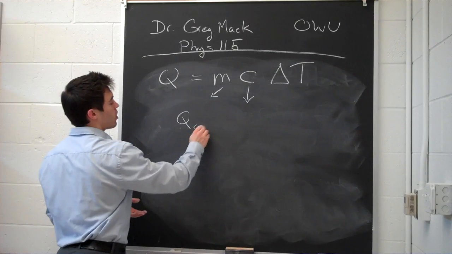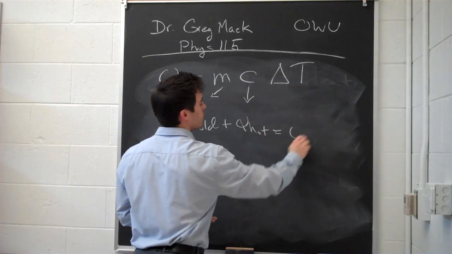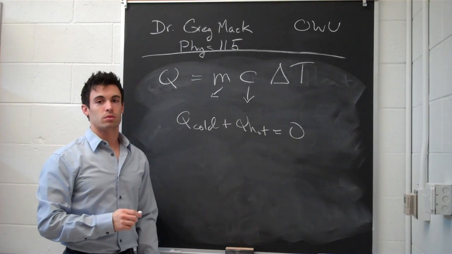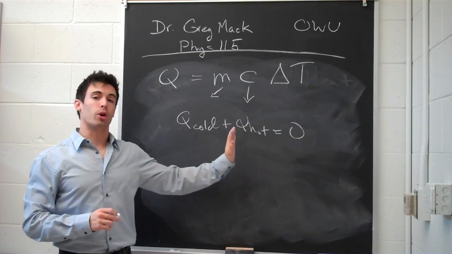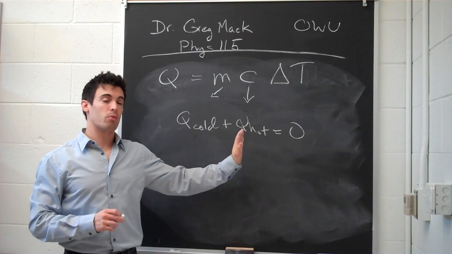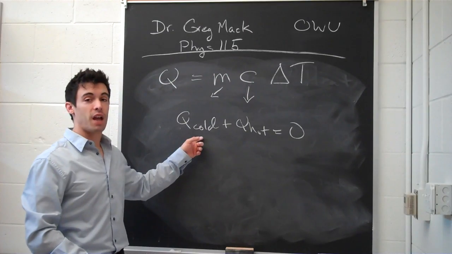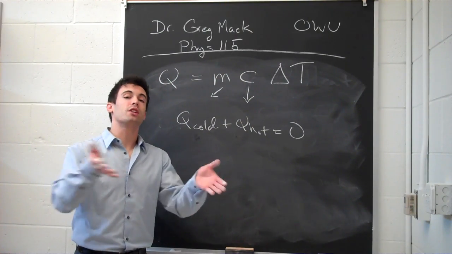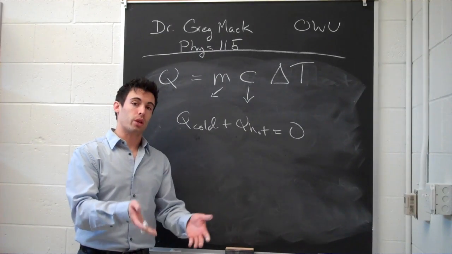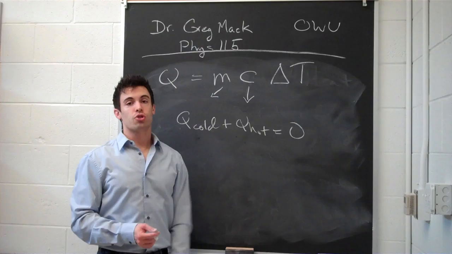So Q cold plus Q hot is going to be equal to 0. The cold object becoming warmer, because it's going to be in thermal equilibrium with this other hot object that's been immersed in it, will be positive because it's gaining energy. The hot object that is then cooling down to be in equilibrium is going to end up being negative. And so adding those two things together should give you 0.